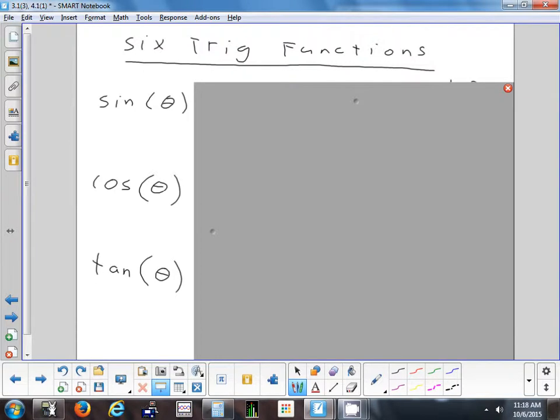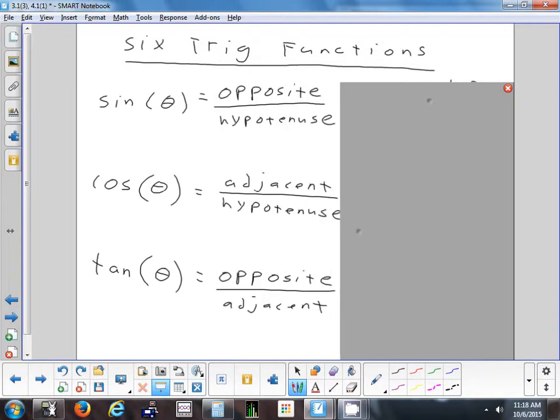So theta represents an angle in a right triangle. The sine is found by taking the length of the opposite side and dividing by the length of the hypotenuse. The cosine, you find that by taking the length of the adjacent side and dividing by the hypotenuse. And tangent, take the length of the opposite side, divide by adjacent.